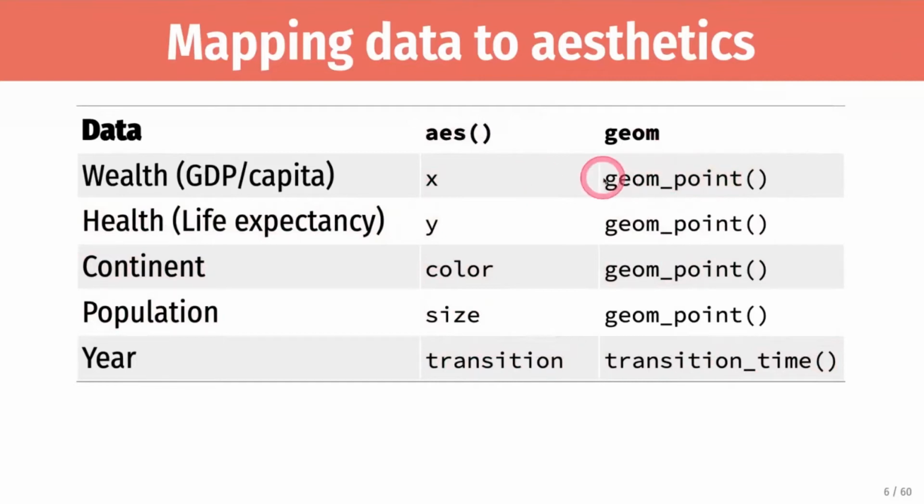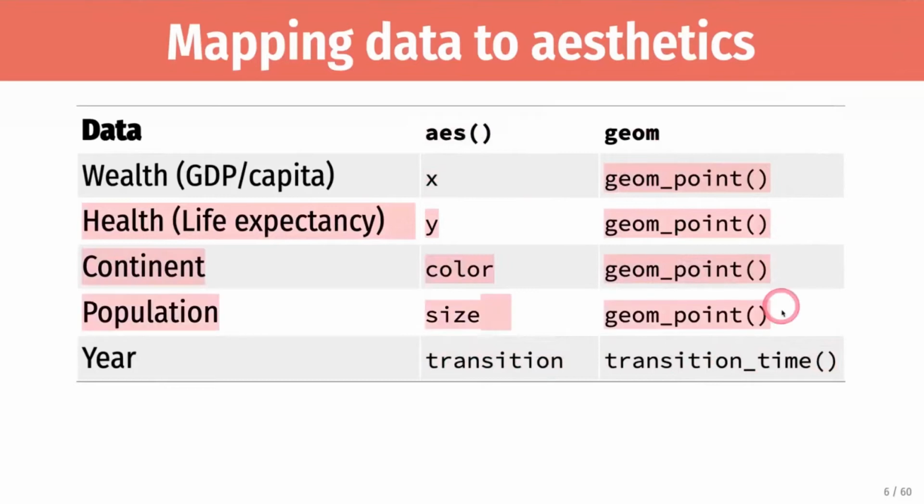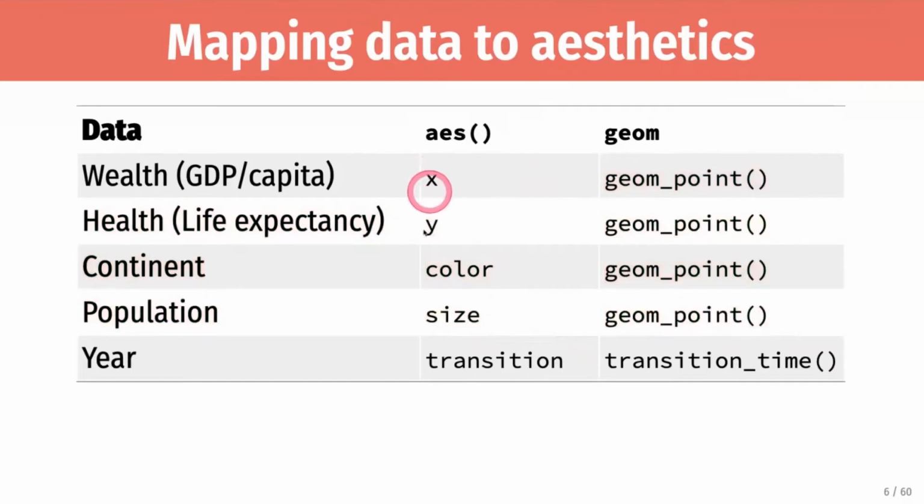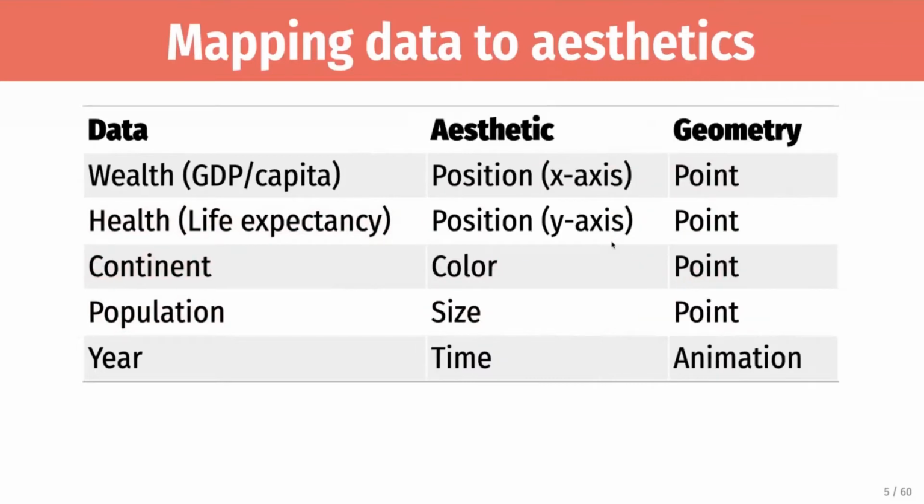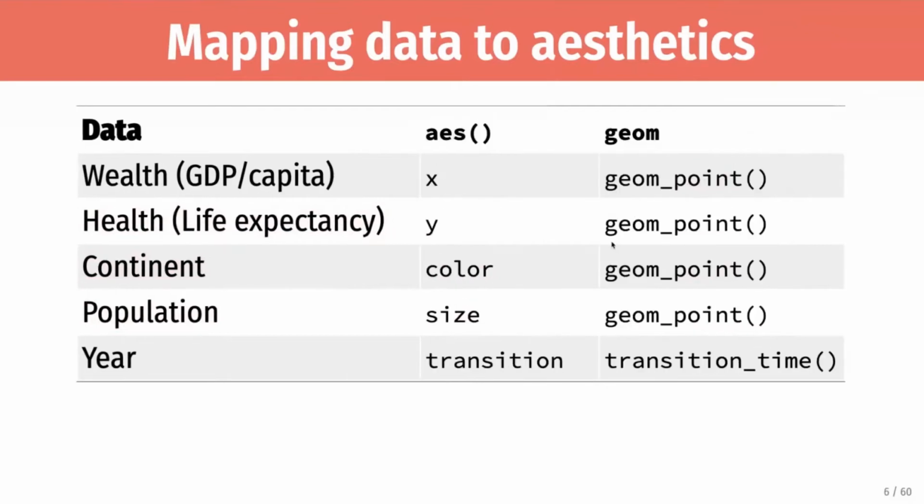In this example, these were all just points, so it was just using geom_point, and that was able to show the x and the y, and then coloring the points by continent and sizing them by population. The R code for translating these aesthetics and geometry into code are basically identical, which is really nice because it makes it easier to write this code. It maps very well onto English.